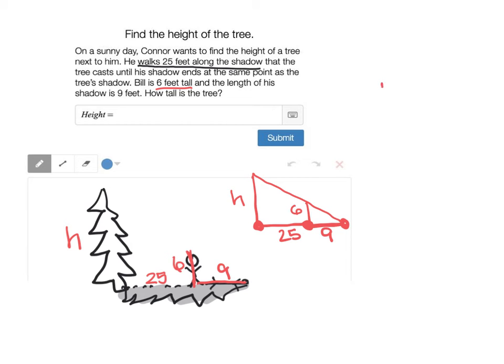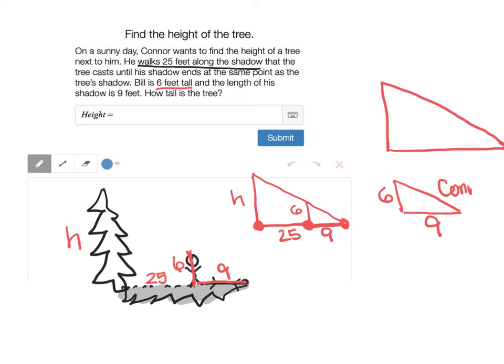Because these triangles are overlapping, you would definitely want to compare them separately. So here's Connor, 6 and 9. That's Connor's information.